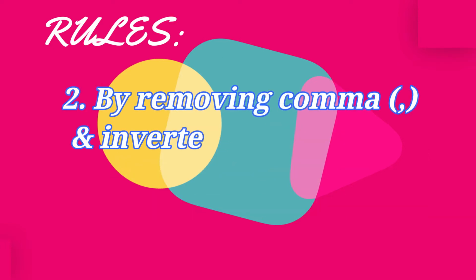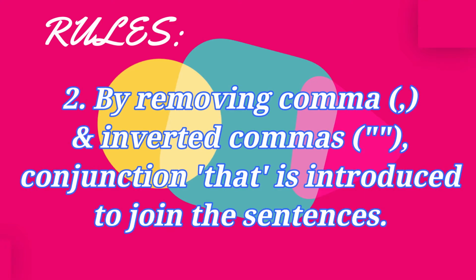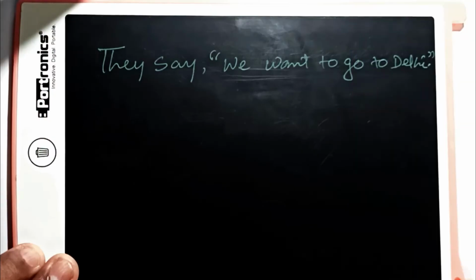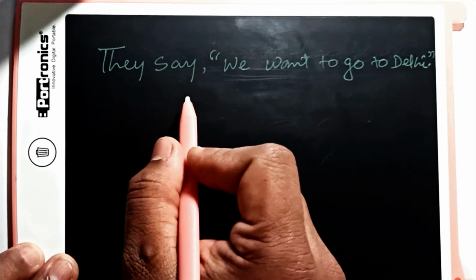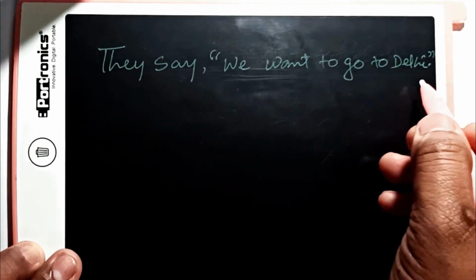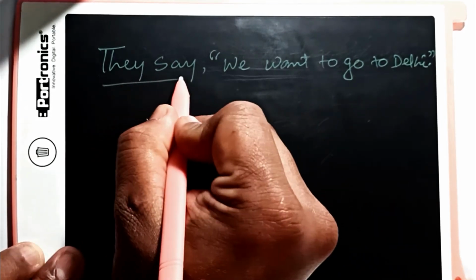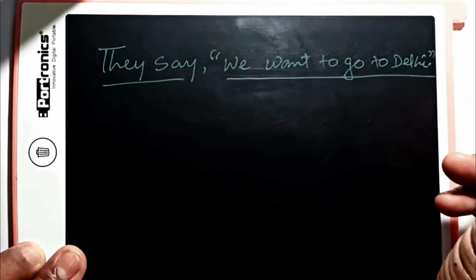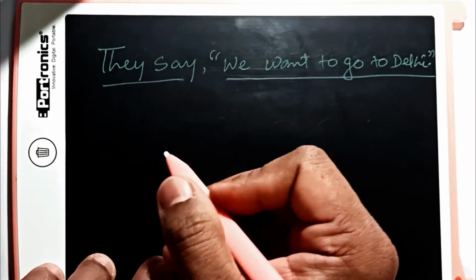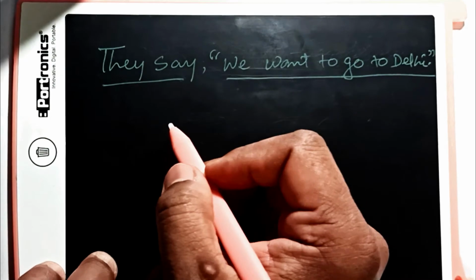Now the second rule. The second rule is removing the comma and inverted commas, and a conjunction "that" is introduced to join the sentences. Having said that, now let me take you to the board to explain. Let us consider this sentence. They say, we want to go to Delhi. We have 2 parts in this particular sentence, and these 2 parts have different names.